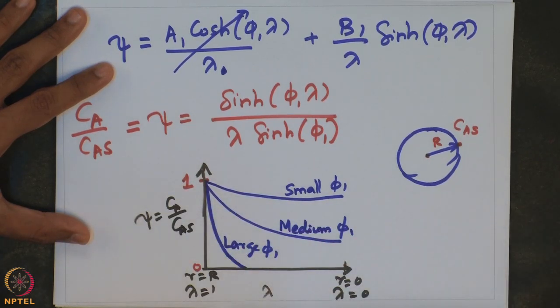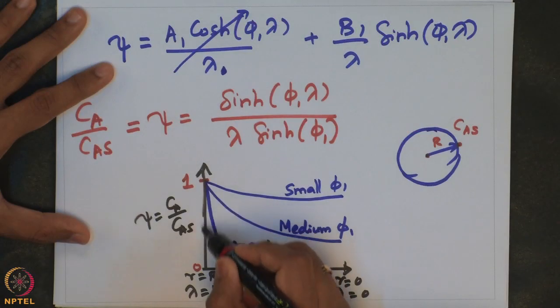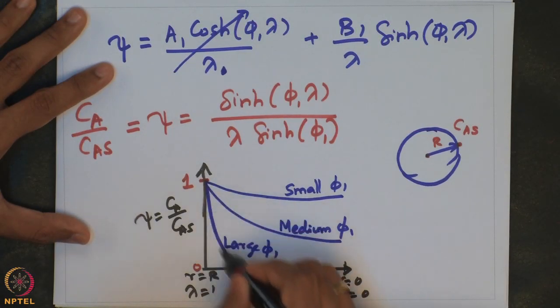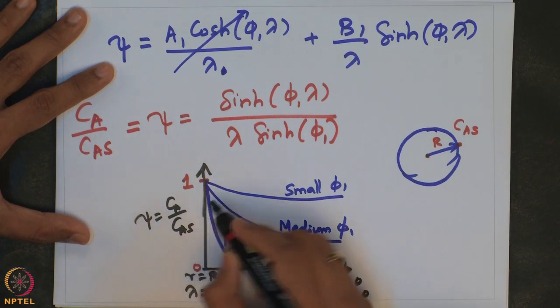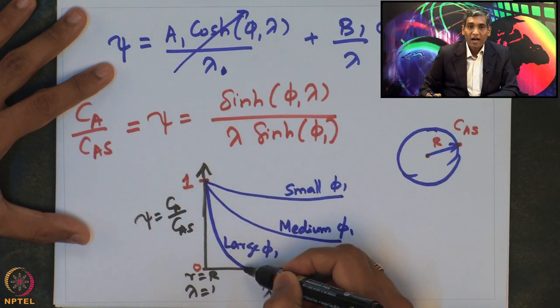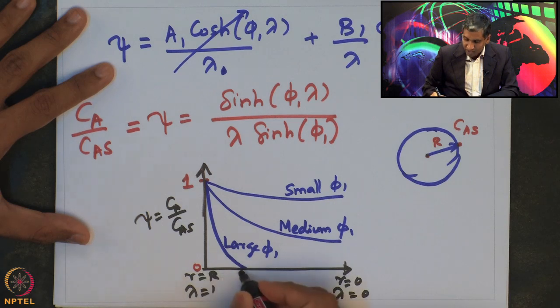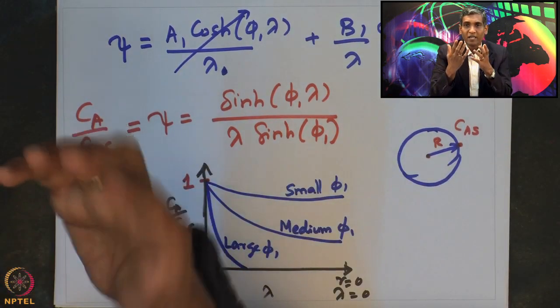This profile of concentration versus position gives tremendous insight into what is happening inside the catalyst pellet. If the system is operating at large Thiele modulus, the concentration drops to very close to 0 in a very small region inside the exterior surface of the pellet, which means the reaction is happening very close to the exterior periphery.